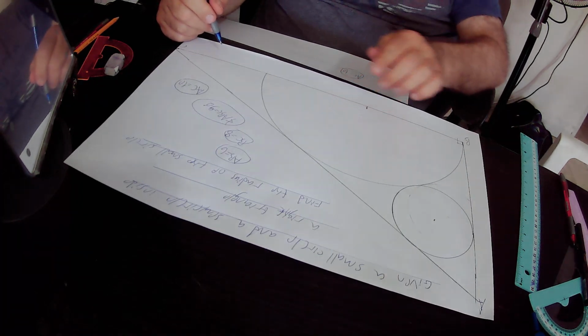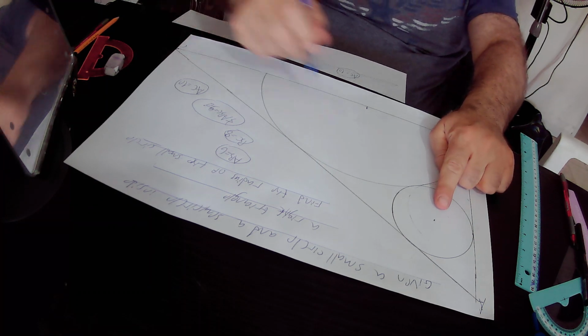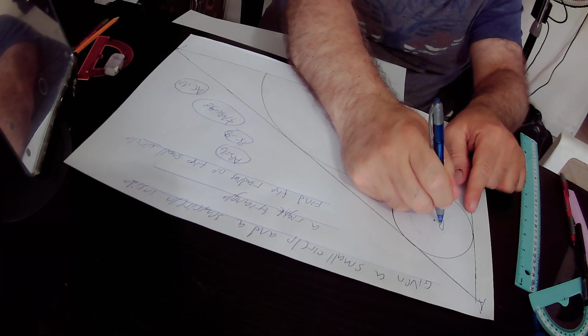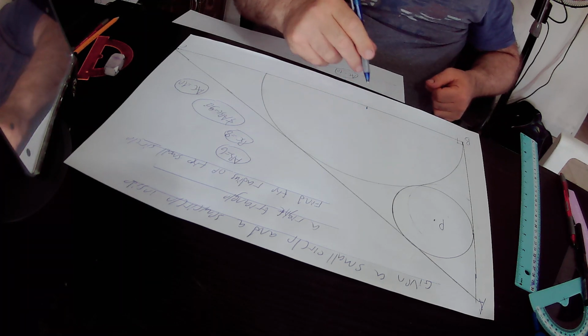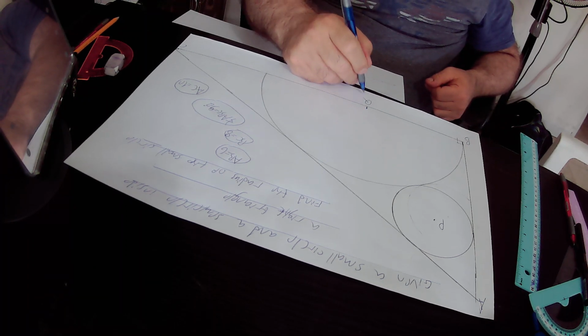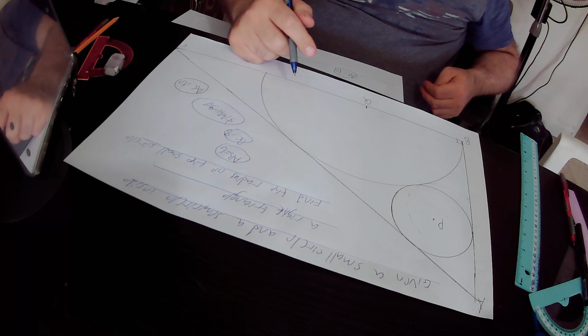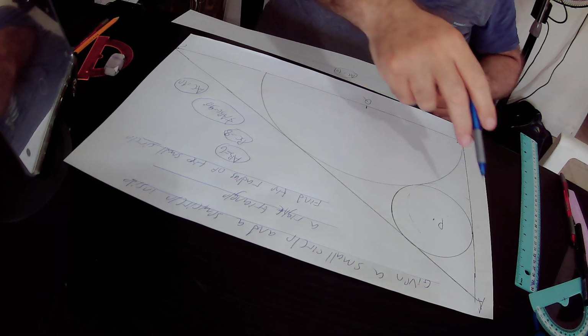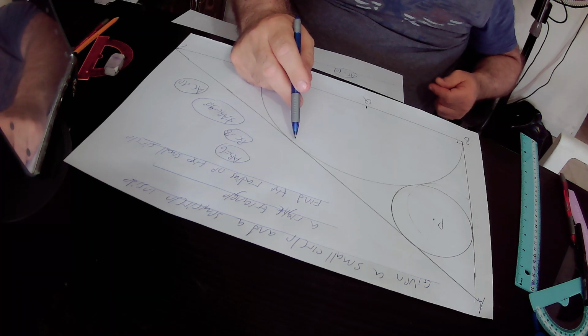We define the center of this small circle, this point is point P. We define the center of this big semicircle, this point is point Q. And here we define the point of tangency of tangent AC with this semicircle. This point is point H.